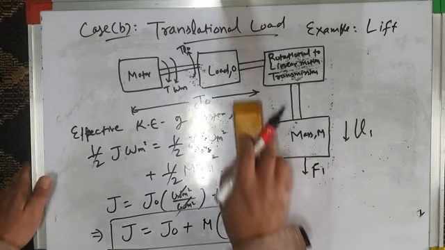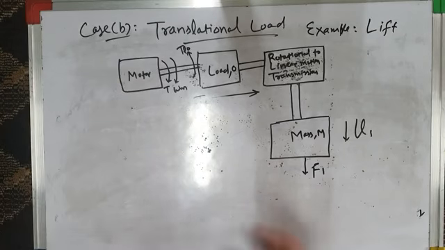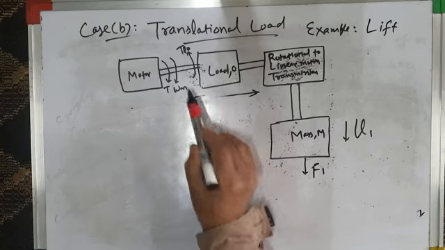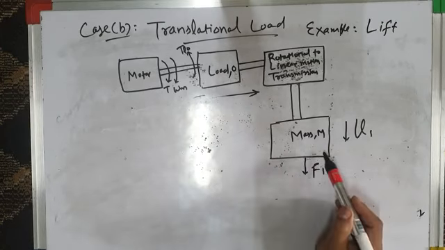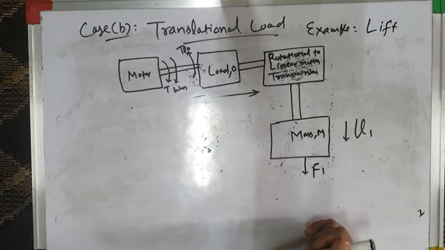Okay. So what about the total torque which is to be developed by the motor, or the total load torque, which comprises the load torque of load 0, which is a rotational load, plus the torque of load 1, which is not a rotational load, which is a linear or translational load.